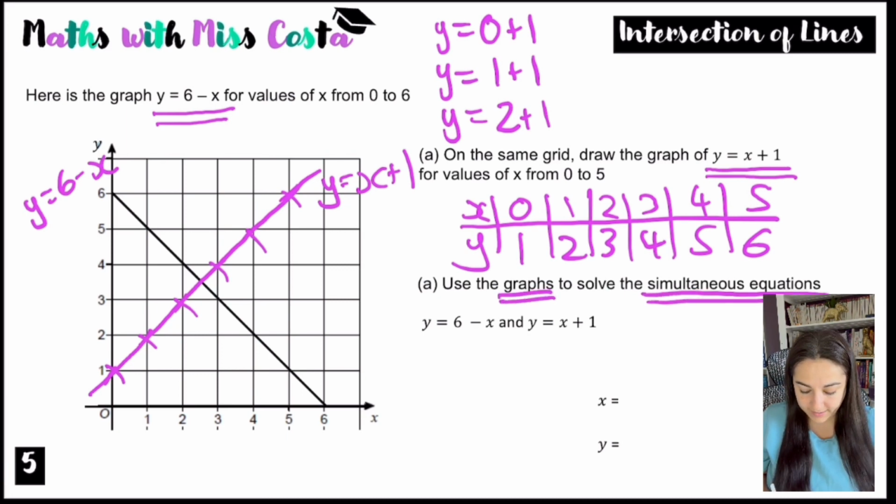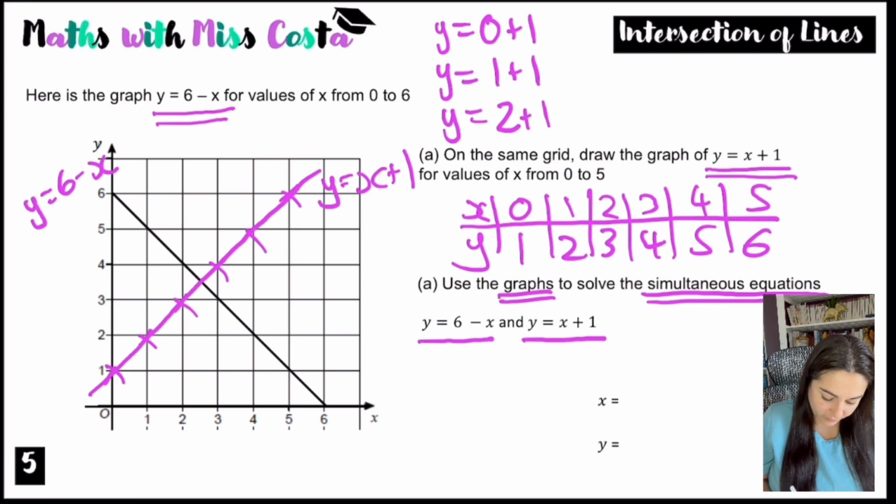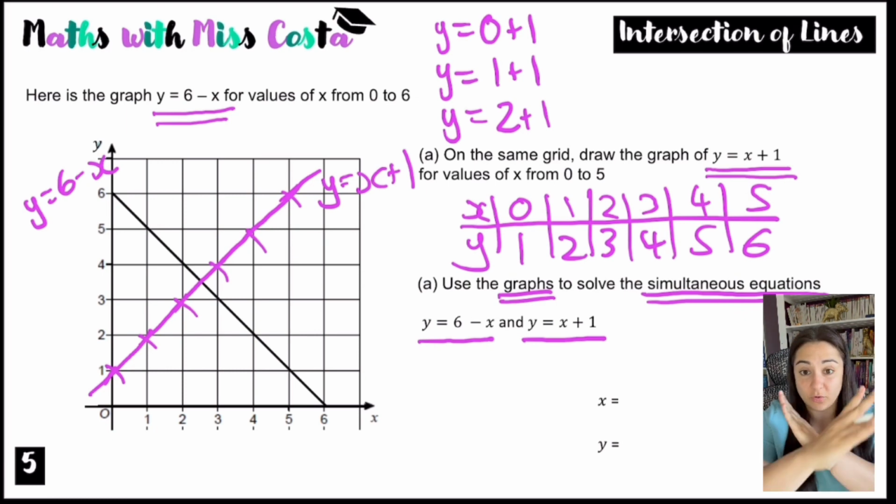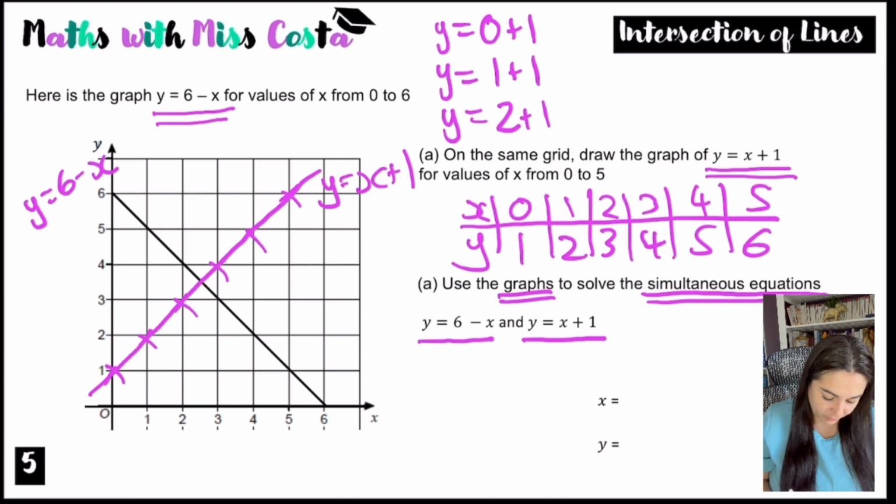equations y equals 6 take x and y equals x plus 1. Now, these are the lines that have been drawn on the graph, so I don't need to do any extra work. I just need to look at the graph. And when you're solving equations from a graph, you just look for the point of intersection, so where the lines cross. In this case, they cross over here, and that is exactly 2.5 and 3.5.